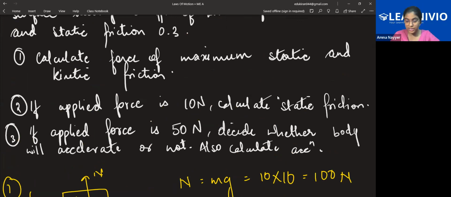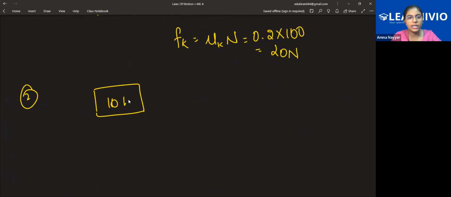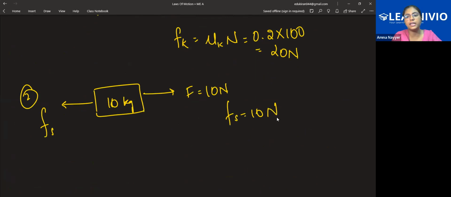So if it is self-adjusting, it will directly become whatever is the applied force. So here, if the applied force is 10 Newton, the static friction will also become 10. If this is the body, 10 kg, applied force here is 10 Newton, so backwards behind it, the static friction will be the same. So static friction will also be 10 Newton.